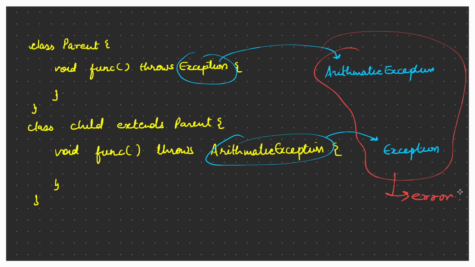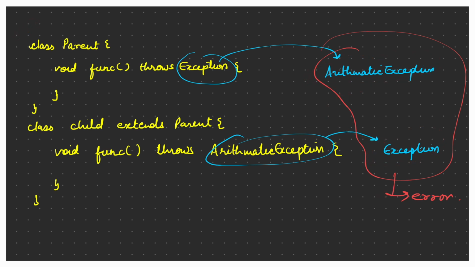So when there is inheritance in the code and the parent class method throws some exception, then the overridden method in the child class can either throw the same exception or a subclass of that exception, right? This exception is not a subclass of ArithmeticException, and hence it will give us an error.